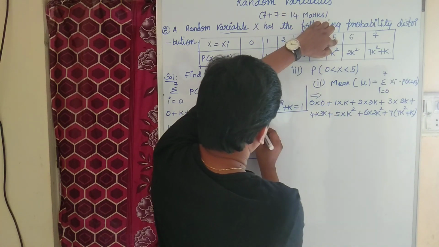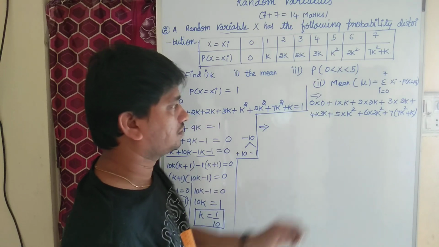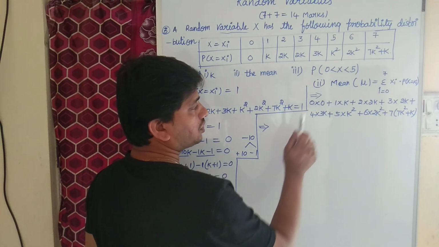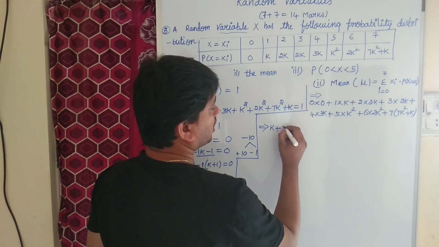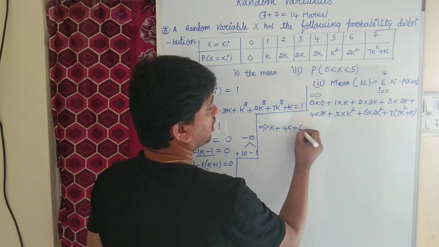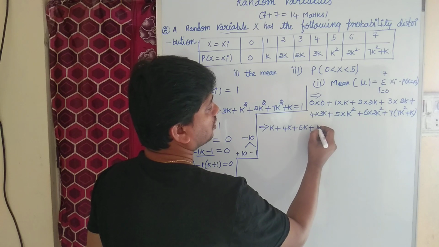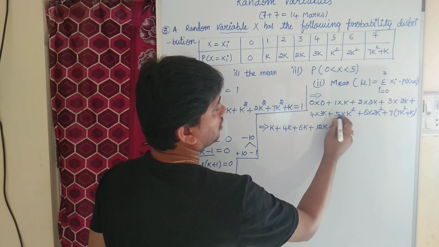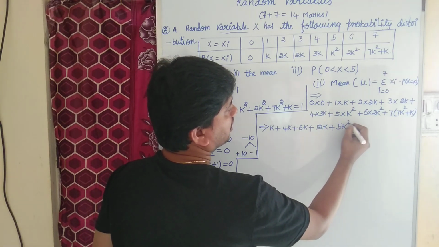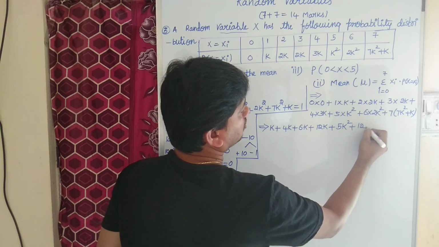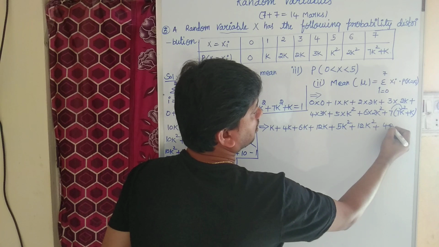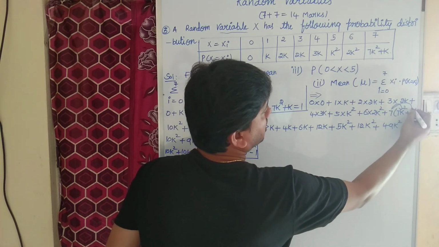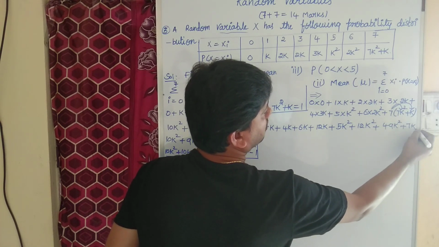Right? Now the next step: 0 into 0, 0 only; 1 into k; 2 into 2k, 4k; 3 into 2k, 6k; 4 threes are 12; 5 into k square, 5k square; 6 into 2, 12k square; distributive property, 7 sevens are 49, plus 7 ones are 7.